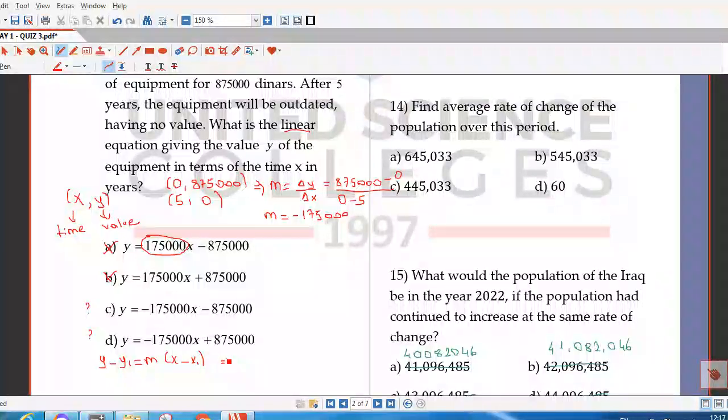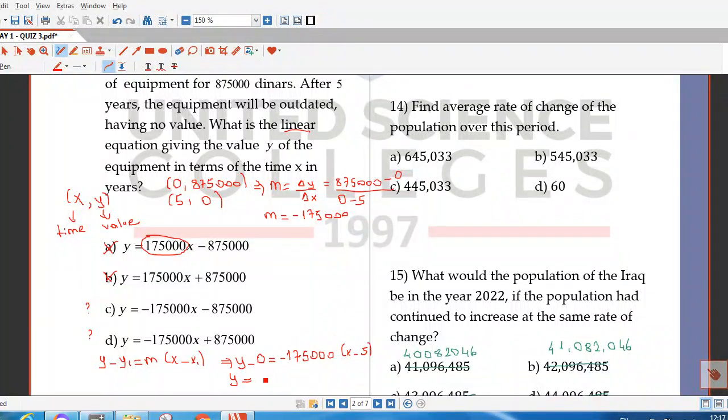If I write y minus the y coordinate of the point, which is 0, y minus 0 is equal to negative 175,000 times x minus 5. Y is going to be alone.